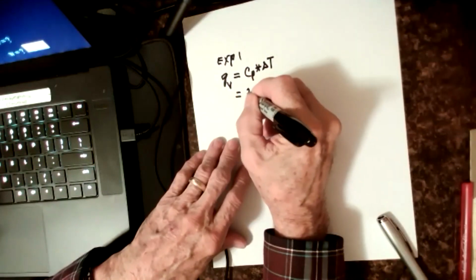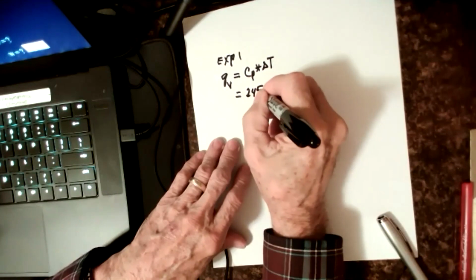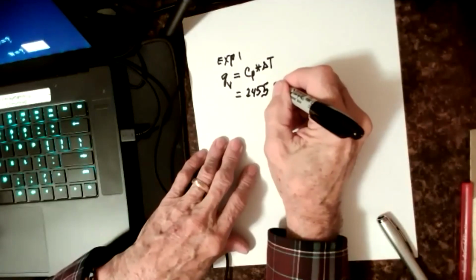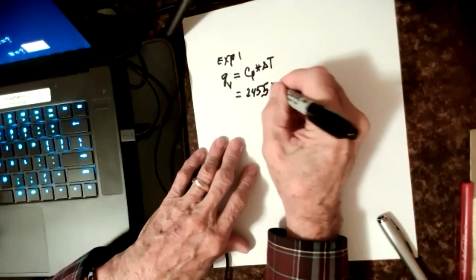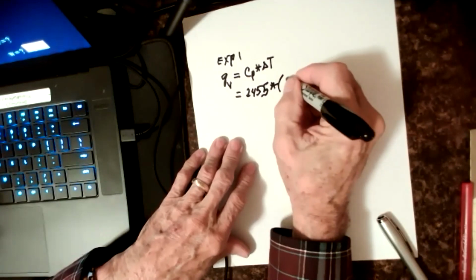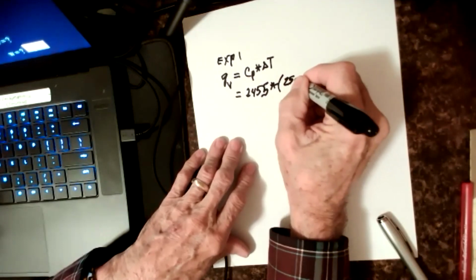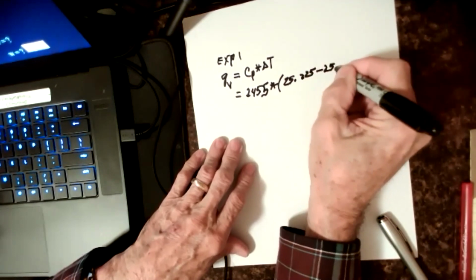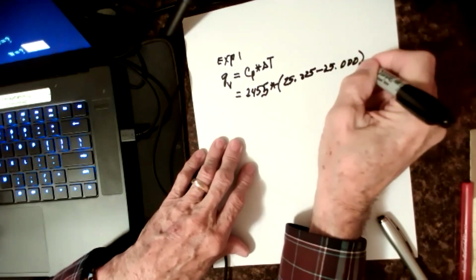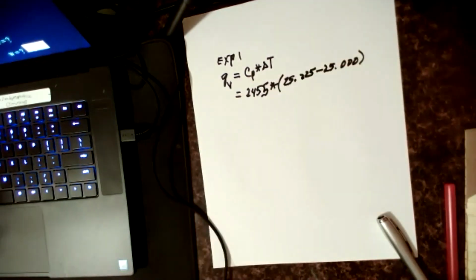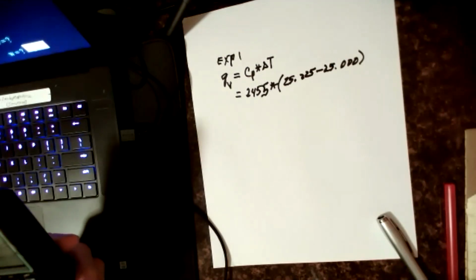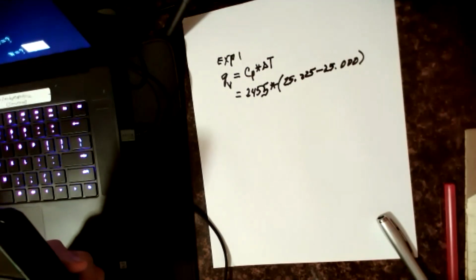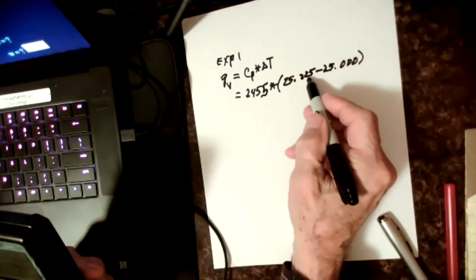CP is 24.55 joules per Kelvin, or joules per Celsius. The temperature change, my big number is 25.225 minus 25.000. Let's do my math on the calculator here. So it's 0.225 minus 0. Okay, that's 0.225 is my delta T.